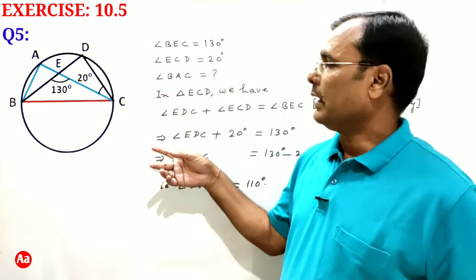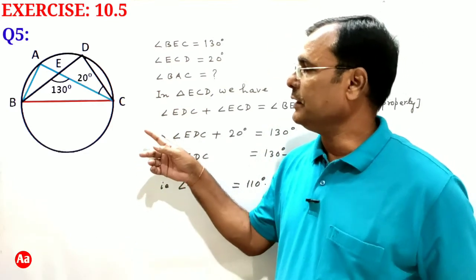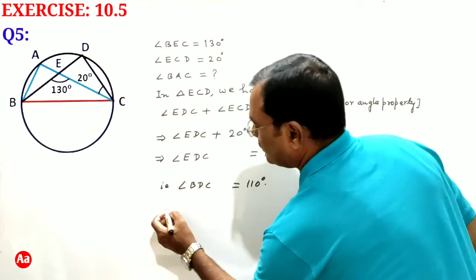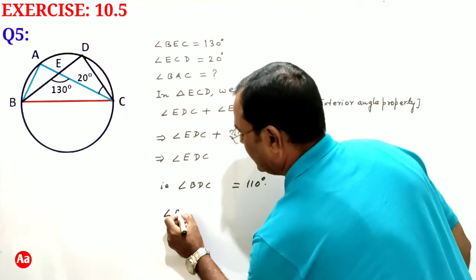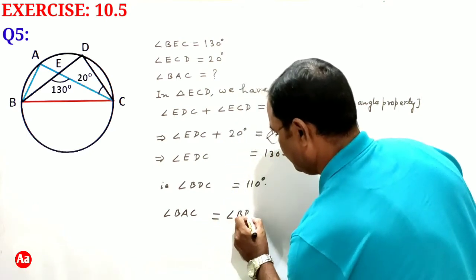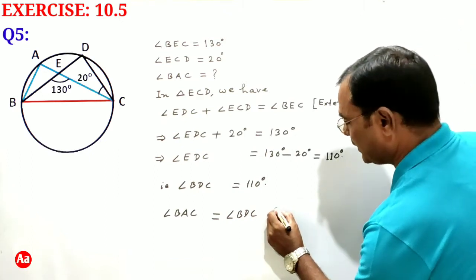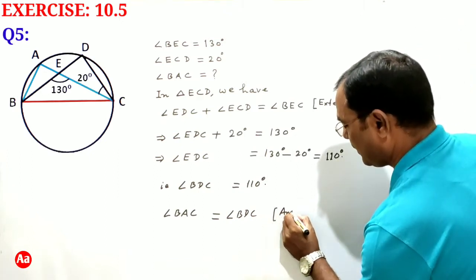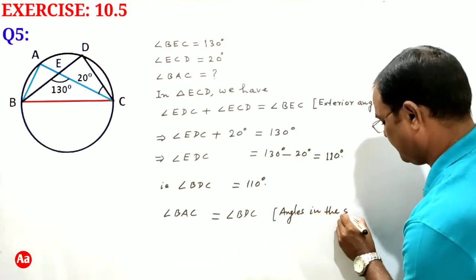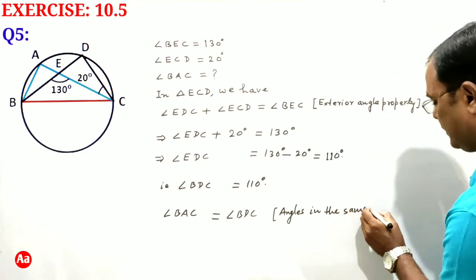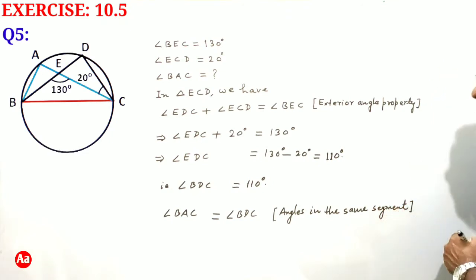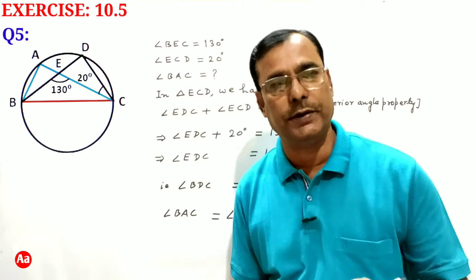Now see, angle BAC and angle BDC both are angles in the same segment, so they will be equal. Angle BAC is equal to angle BDC, angles in the same segment, and angles in the same segment are always equal.